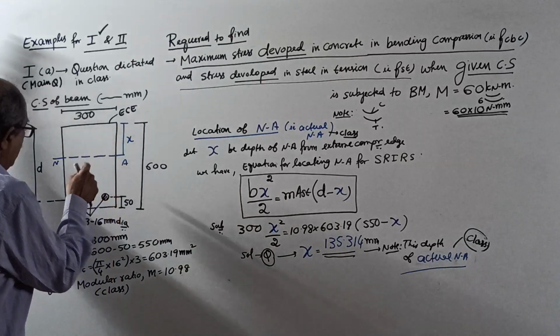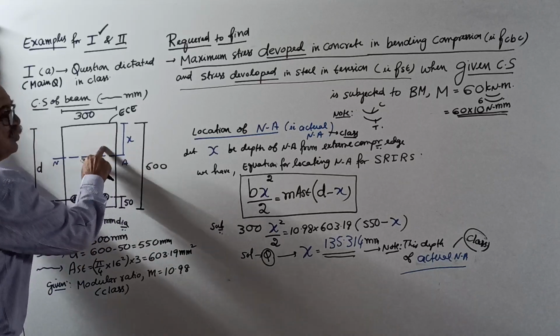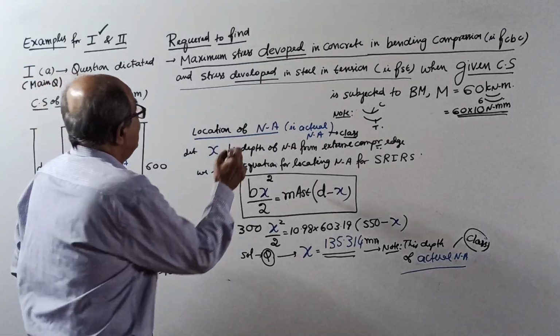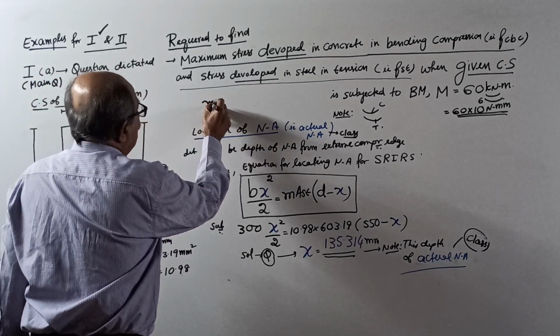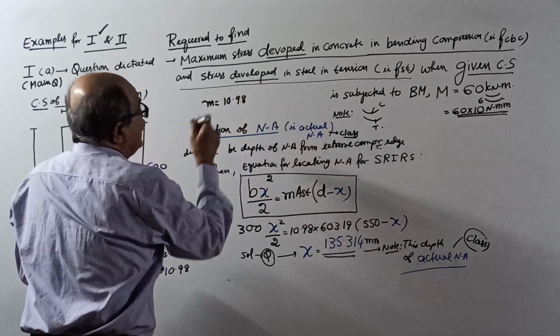Why I took steel here, I will tell a little later. Why I took X from here also, I will tell later. Now, taking modular ratio m equal to 10.98. I will tell the reason why 10.98.